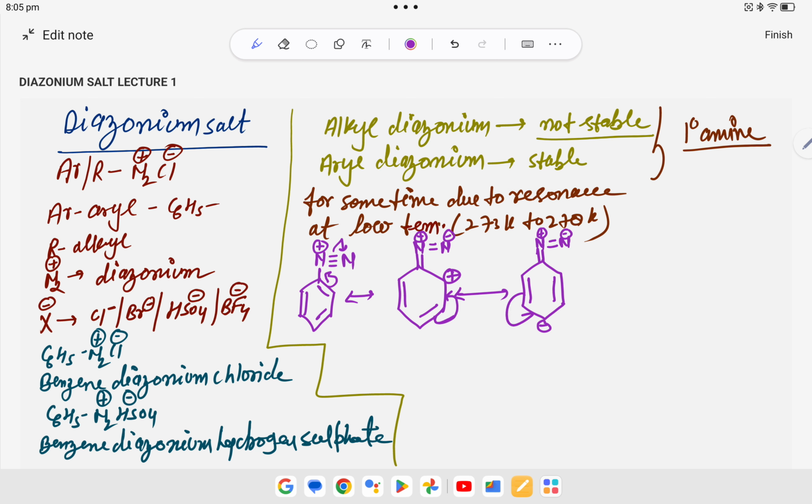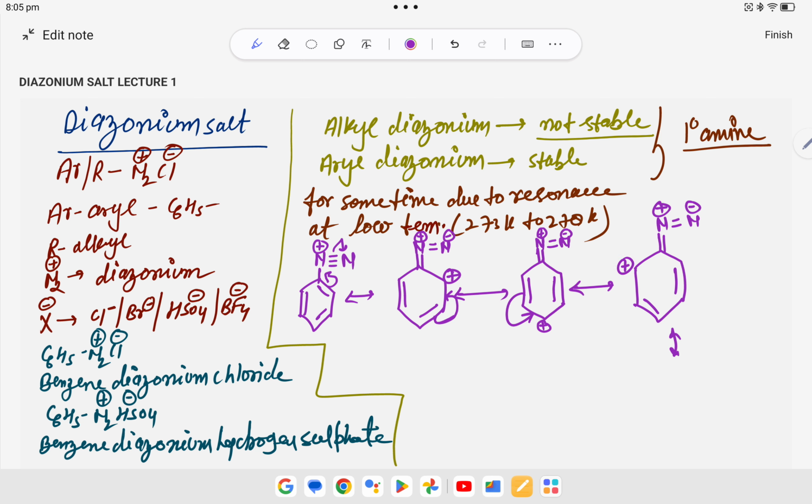Now these electrons shifted here because of the positive charge. So what happened next? These electrons shifted here, this bond position as it is, here double bond, nitrogen, double bond, negative sign, positive sign. In the next step, this carbon is getting positive charge.